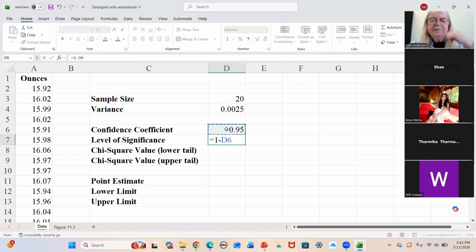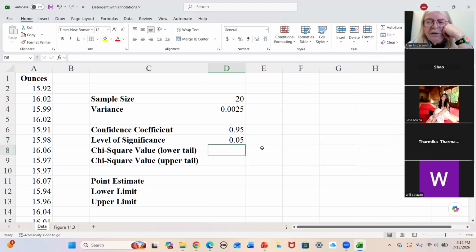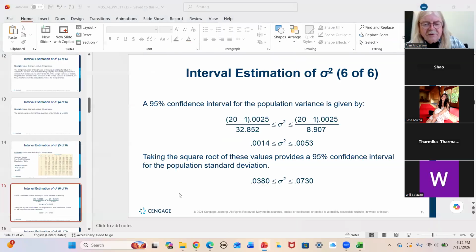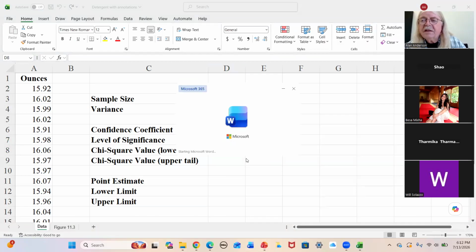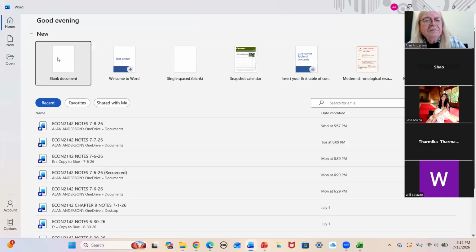That's our alpha. Now, this is where it gets challenging. Chi-square lower and upper tail. What do they mean by that? Well, let's find out. Let me draw a little picture here. This is where the table comes in, but Excel can look these up for us too.